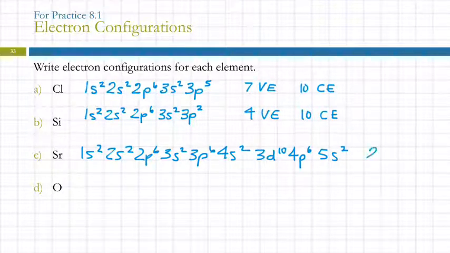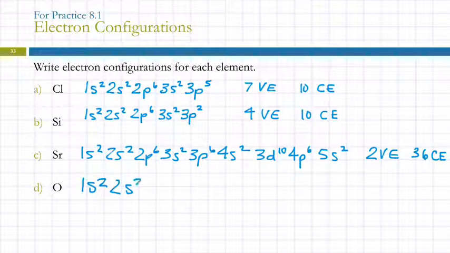So this is 2 valence electrons, 36 core electrons. Okay, oxygen. 2p4 is the ending of it. 1s2, 2s2, 2p4. How many valence electrons? 6. How many core electrons? 2.